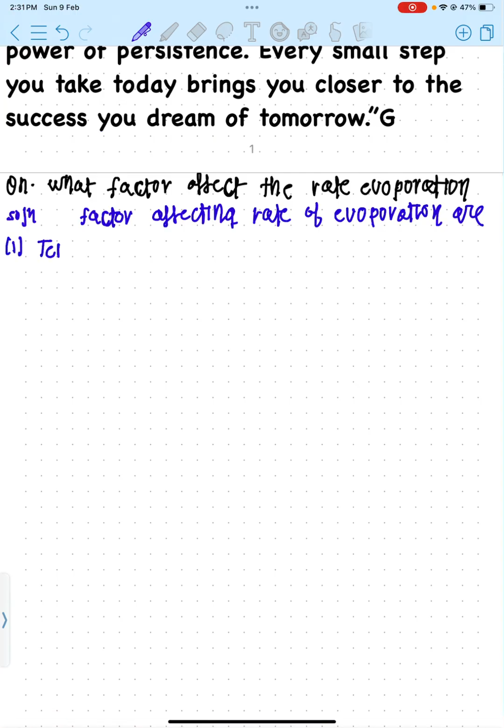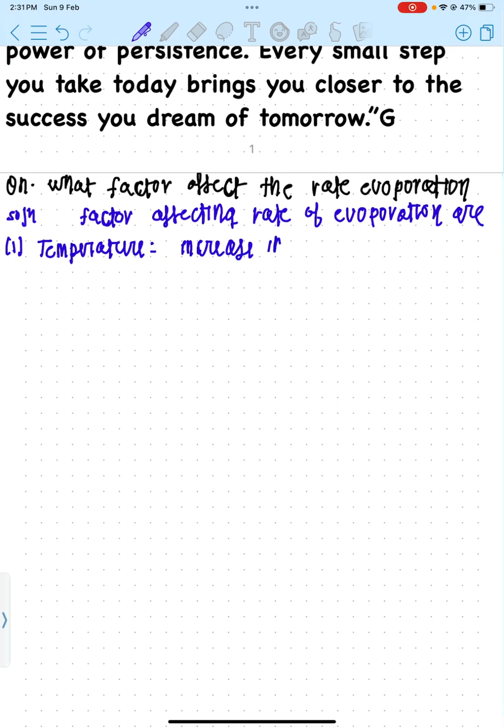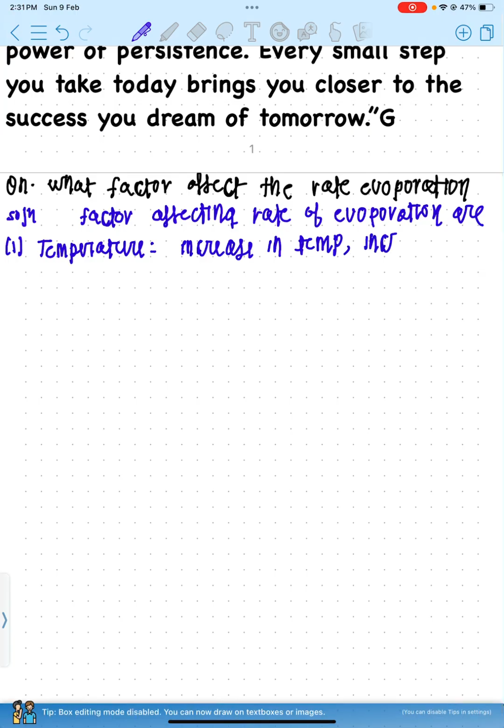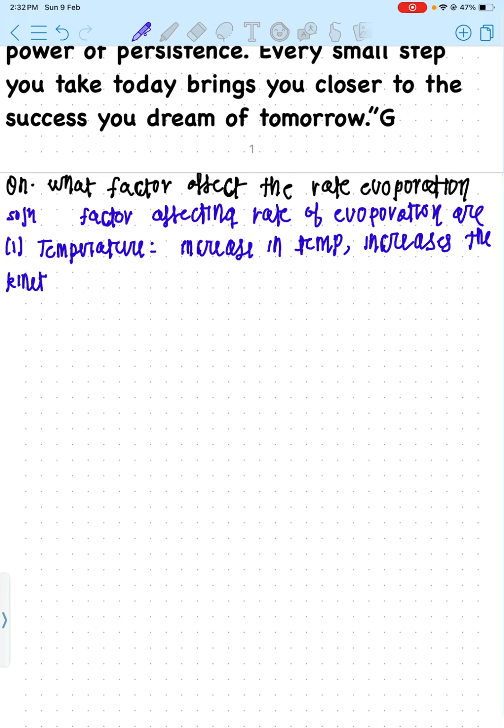Increase in the temperature increases the kinetic energy of the molecules. What does it mean? Once we are providing the temperature, the molecules present there are colliding with each other.